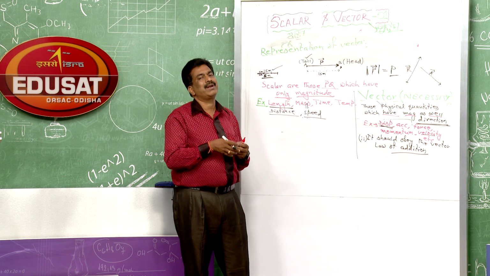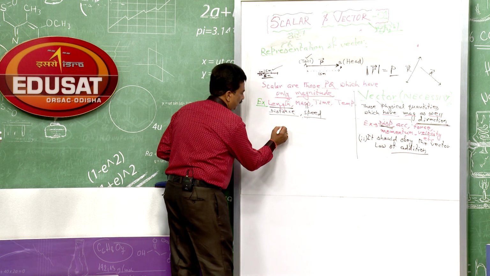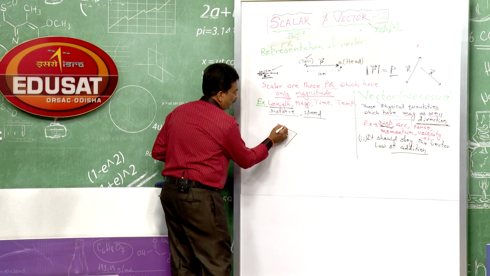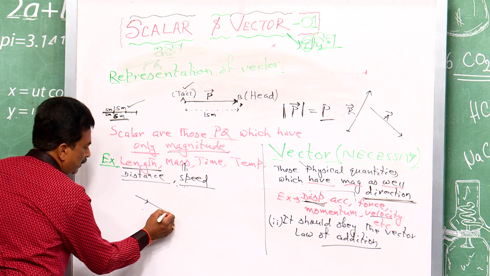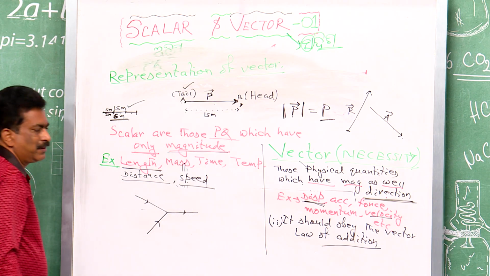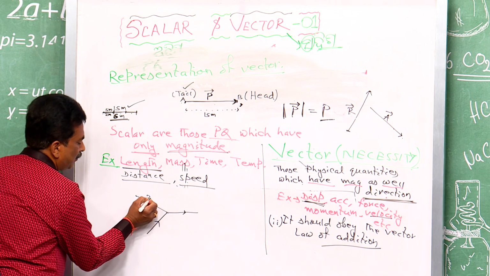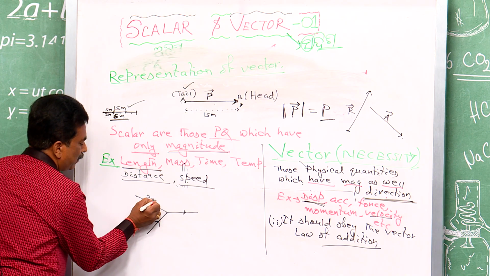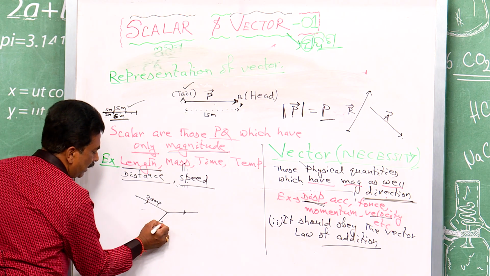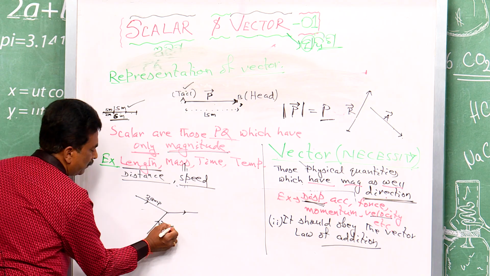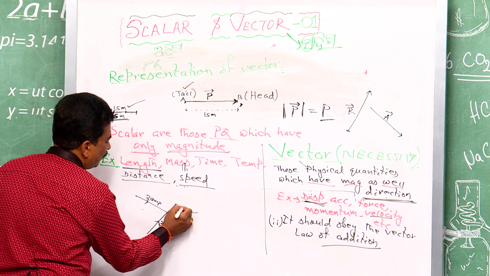Suppose I give you one example. Suppose this is a current of 2 ampere, and this is a current of 3 ampere, and this is a current of 5 ampere.